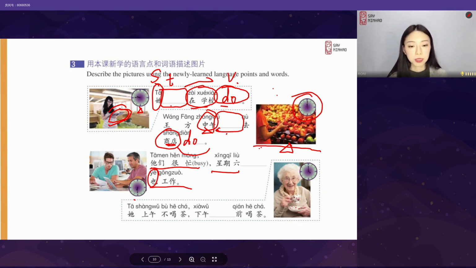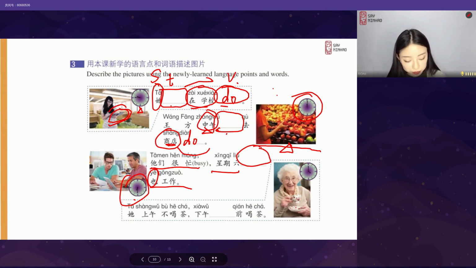They're really busy. So here we need to put in the time. What is the time? It is 6:30. So let's try to say 星期六6:30也工作.